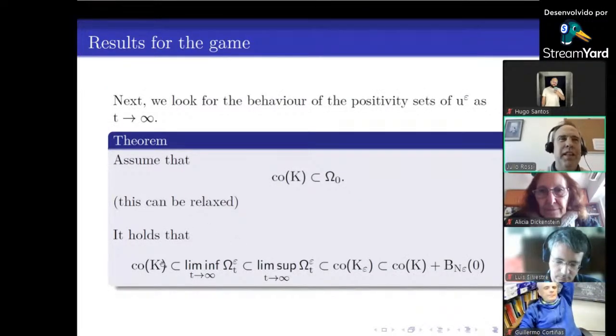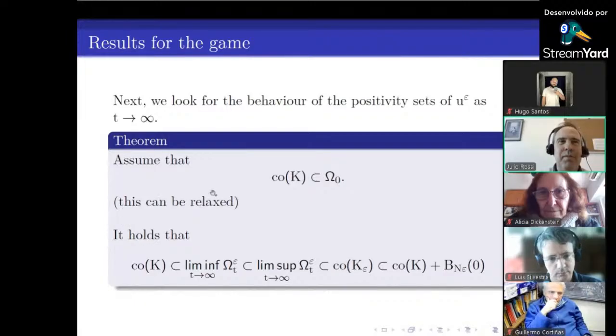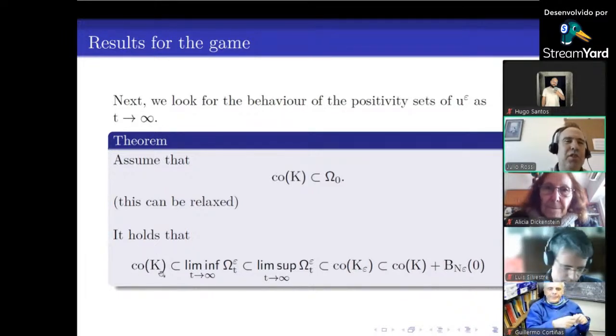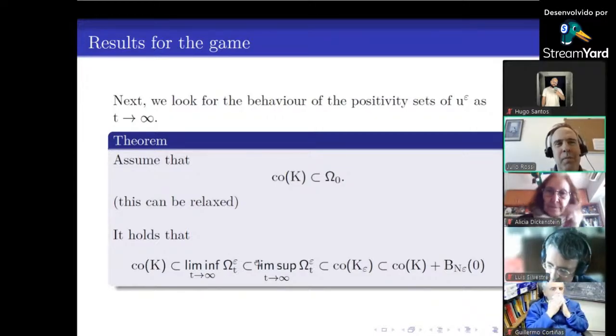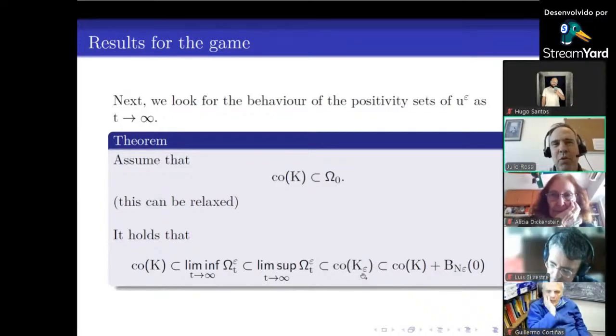As t goes to infinity, what you get is this line over there, and this is the result that gives you the asymptotic behavior of the sets omega t of our original problem, that says that if you take this assumption, that can be a little relaxed, as I mentioned before, it holds that the convex hull of K is contained in the lim inf as t goes to infinity of this set omega epsilon, is contained in the lim sup, this inclusion is trivial, is contained in the convex hull of K epsilon.